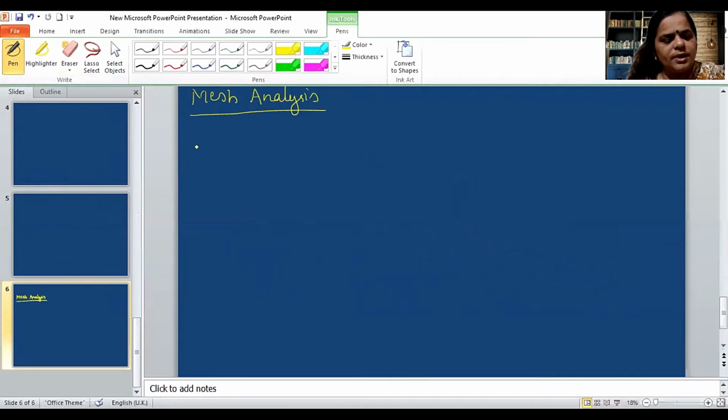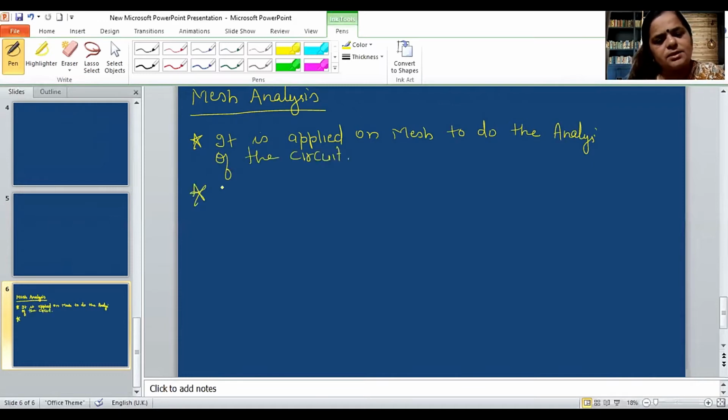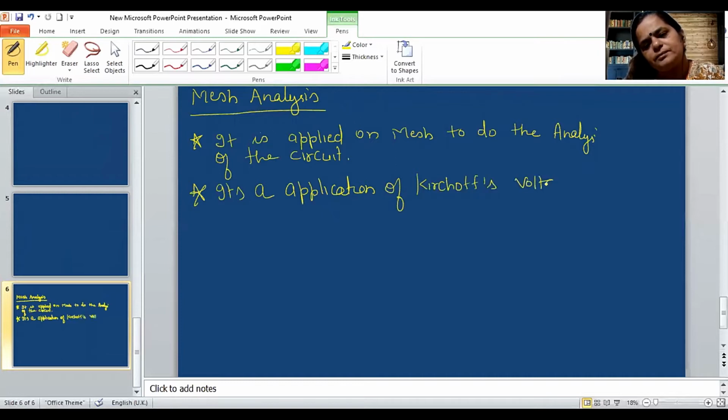analysis. The very first thing about it is it is applied on meshes for the analysis. The second thing is it's an application of Kirchhoff's voltage law.